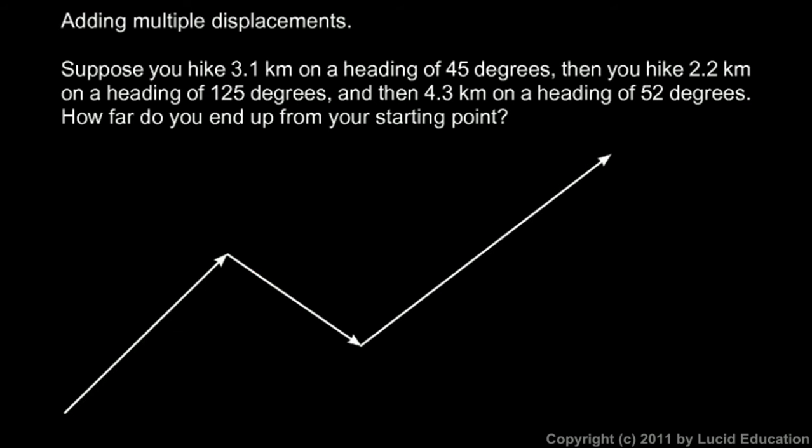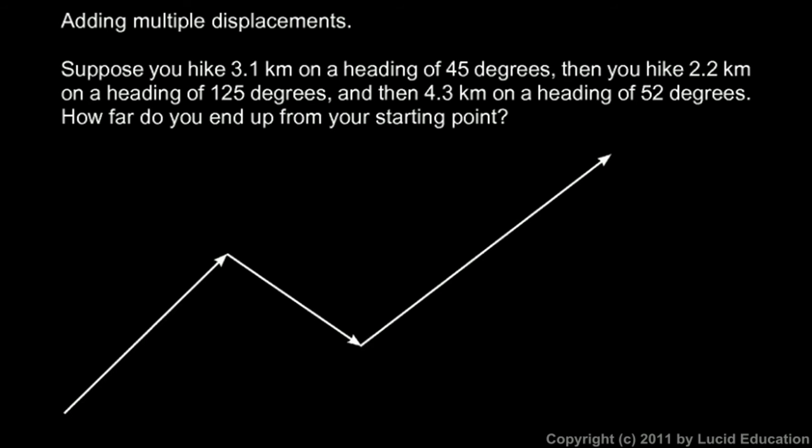So the second leg of your trip gets you from here to here. And then you hike 4.3 kilometers on a heading of 52 degrees, and that gets you from here all the way out to the end here. How far did you end up from your starting point? So what we're trying to find is the distance from the very beginning all the way to there. That straight line distance, that's what we're looking for.